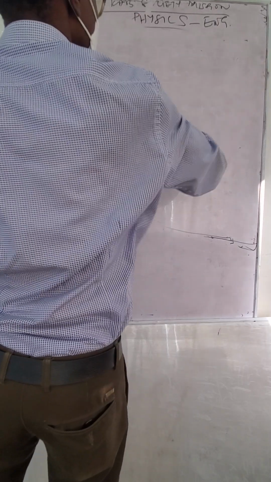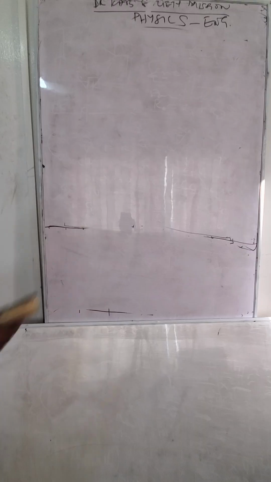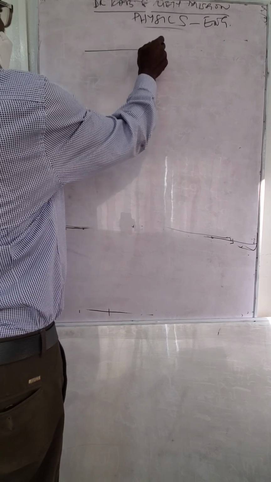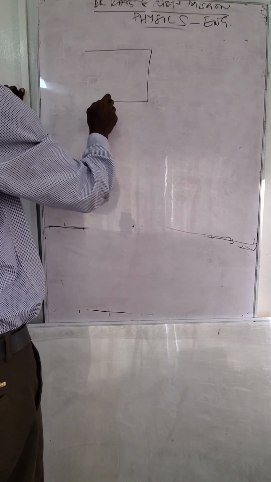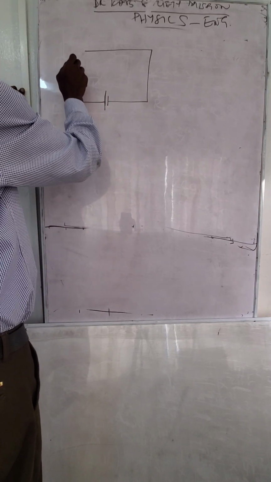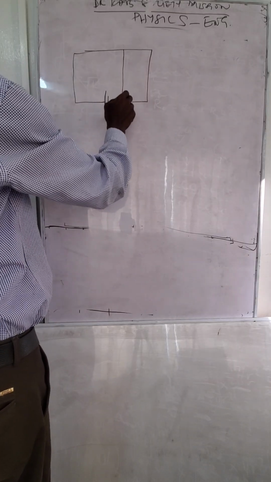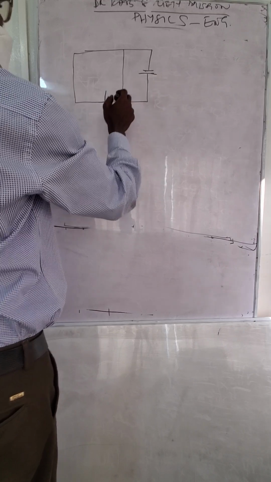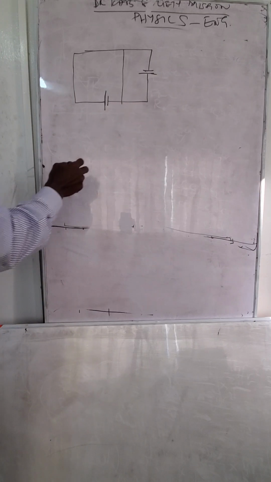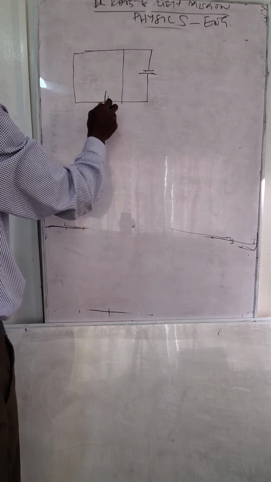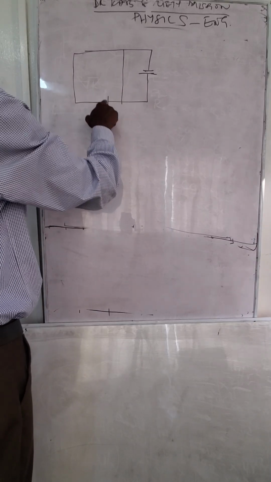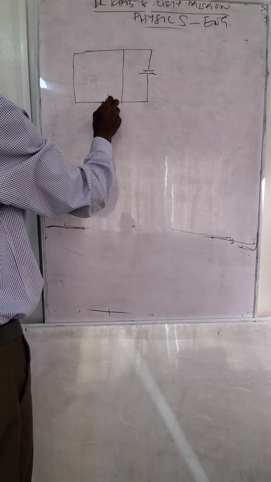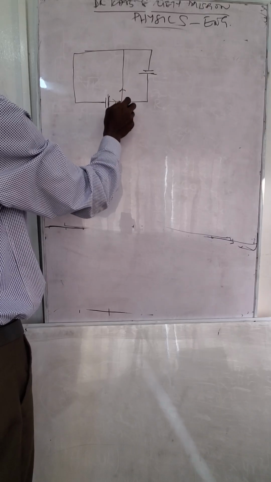So let's look at Kirchhoff's rules in circuits, okay? So we have this circuit here. Now, if this is sending current, this will go down.